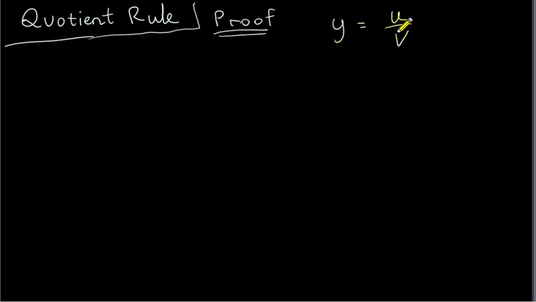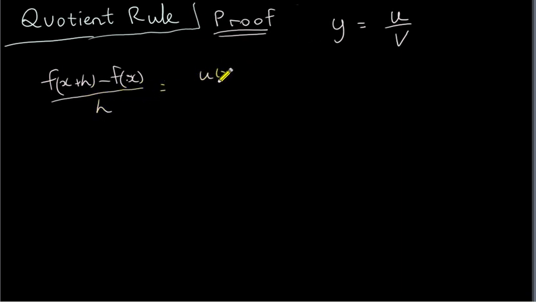Now to prove the quotient rule, we could just use Newton's quotient. You know, we could go through first principles. We could get f of x plus h minus f of x divided by h. Apply it here.